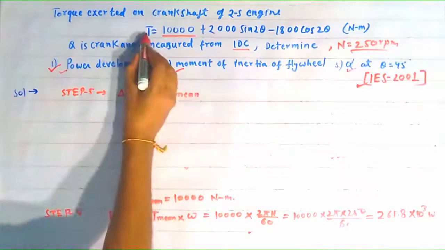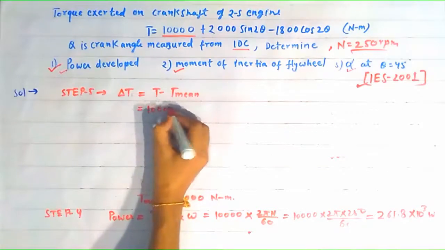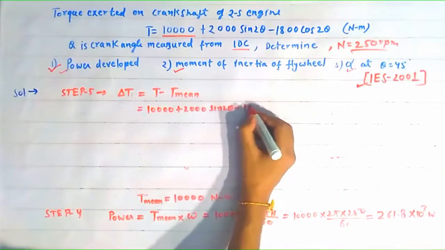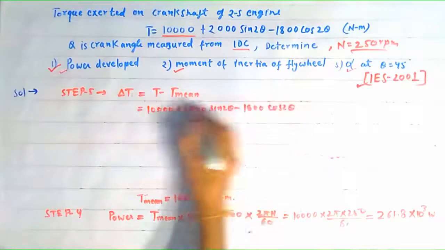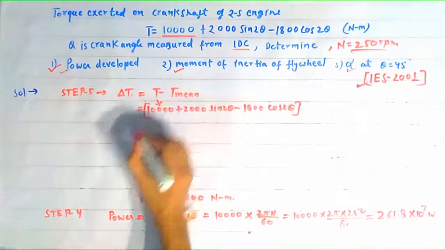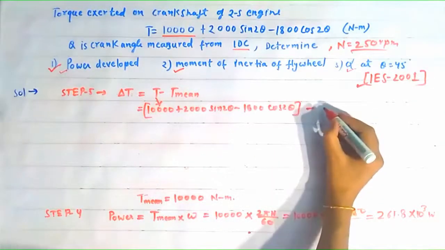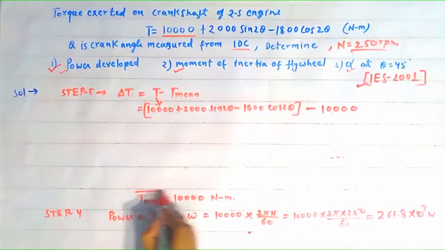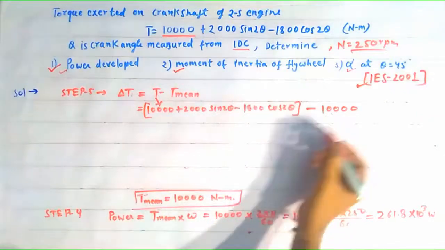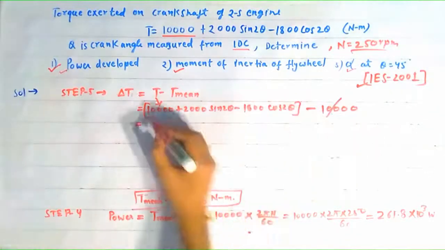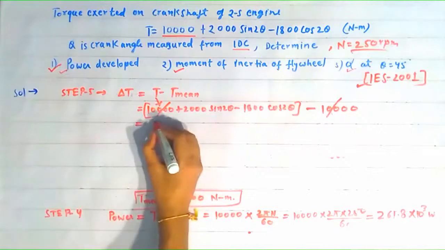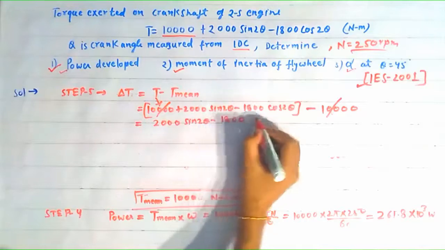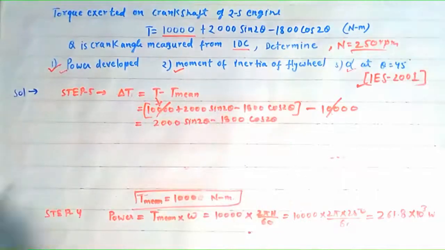Writing T from here, T is equal to 10,000 plus 2000 sin 2θ minus 1800 cos 2θ. This is the value of T, and T mean is our 10,000, which was obtained from the previous step. We have already calculated it. Now friends, this 10,000 will cancel with this 10,000, and we will be left with 2000 sin 2θ minus 1800 cos 2θ. So this is our ΔT.